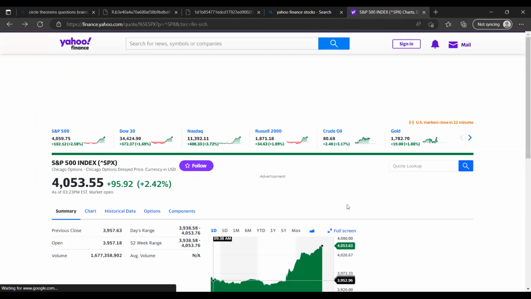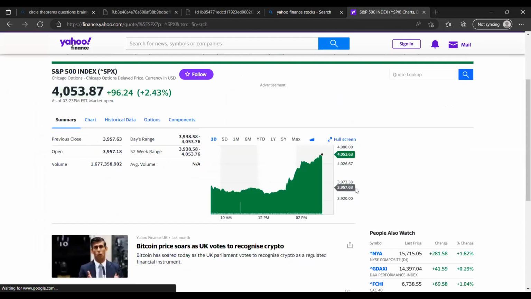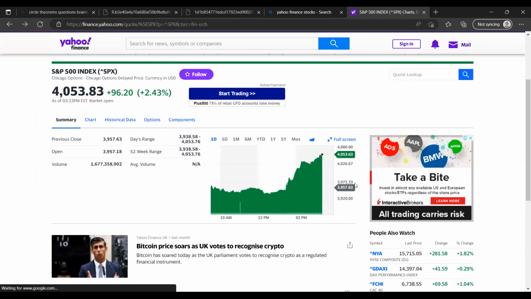Over the past day, you need to think of them as a basket of companies. The value has increased from this figure in the gray to this figure, and you've seen the percentage change.